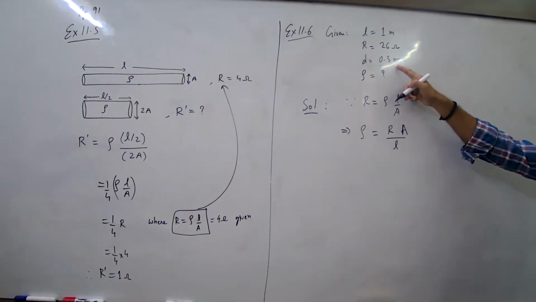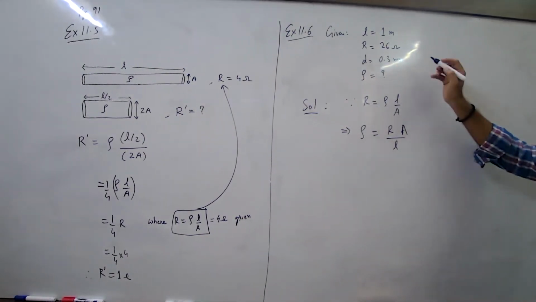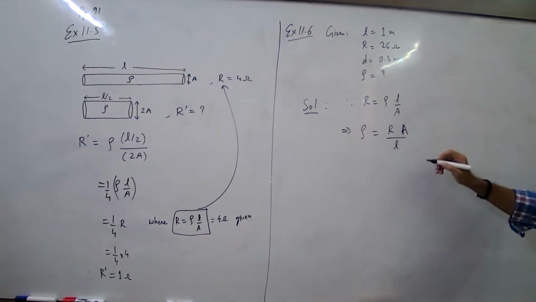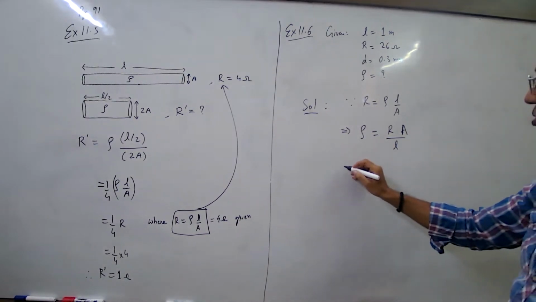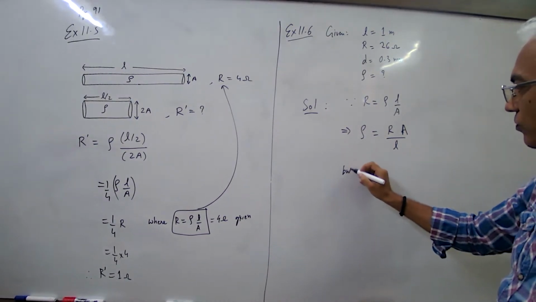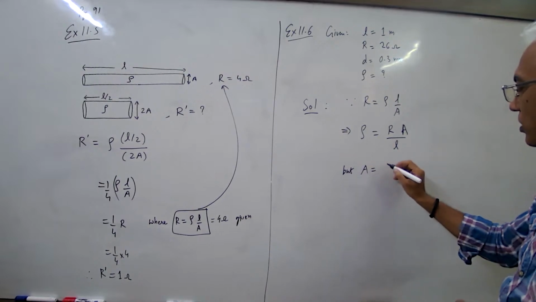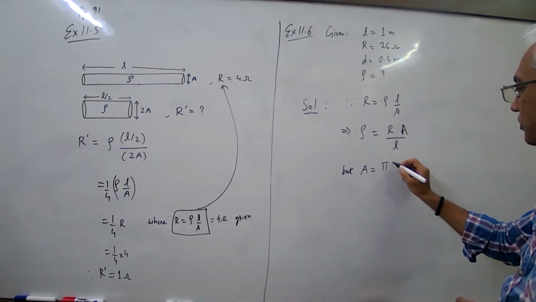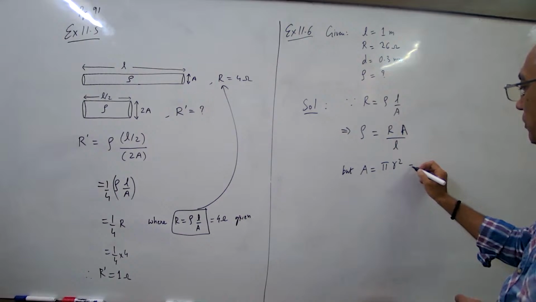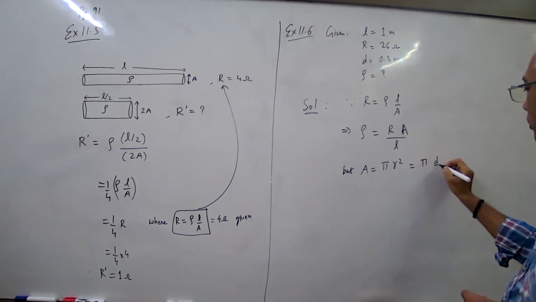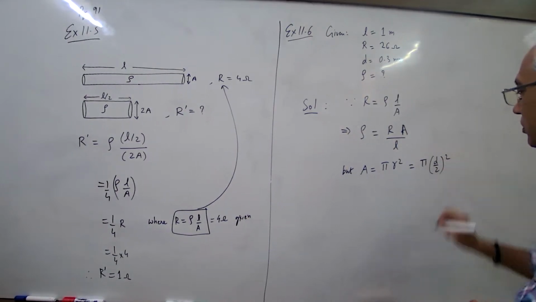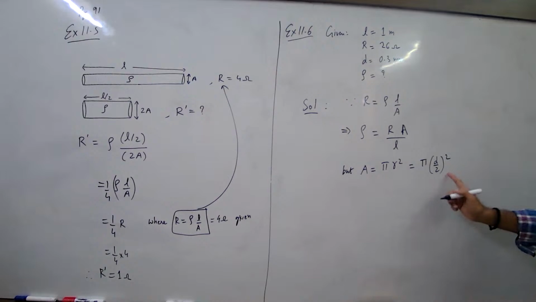No, you are provided with the diameter of the wire. So what is area? Pi r square, pi d upon 2, yes. Pi r square, which is equal to pi into d by 2 whole square. So you have to substitute this area over here.